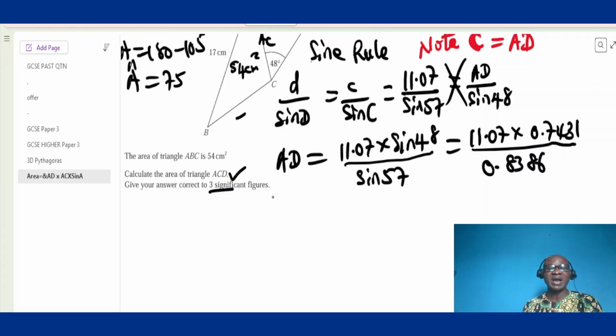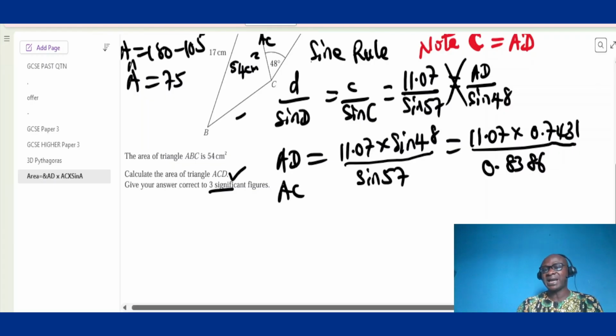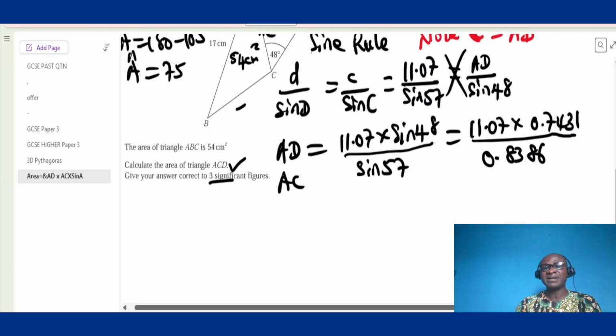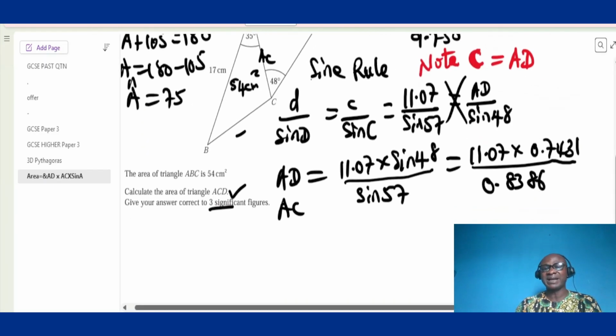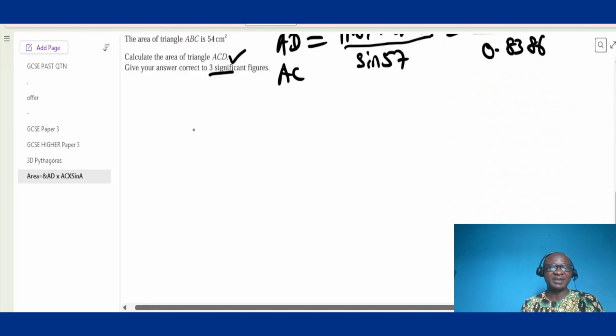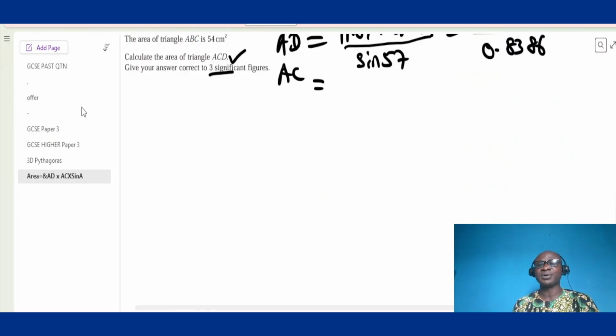This will give me exactly the length of AC that I am calculating for. Remember that once I find the length of AC, I will be able to use that length to find the area using the area of a triangle when there is an included angle.